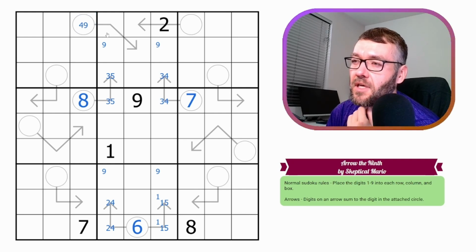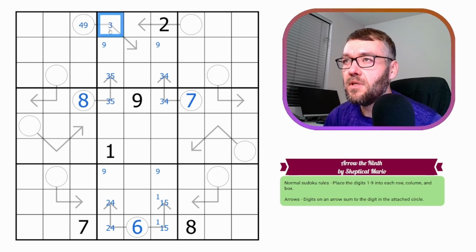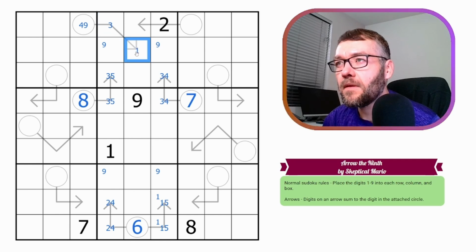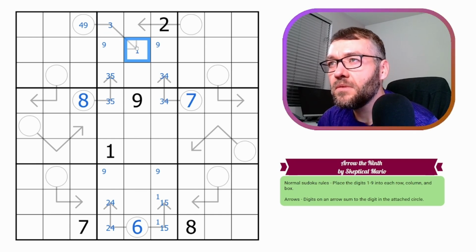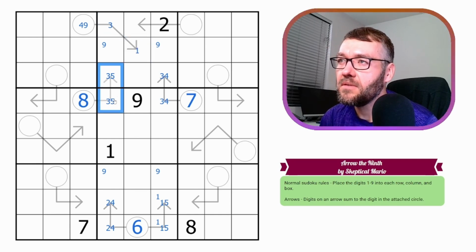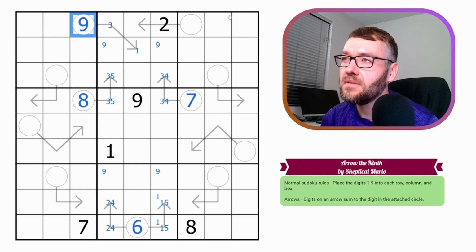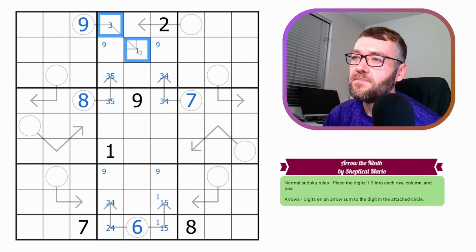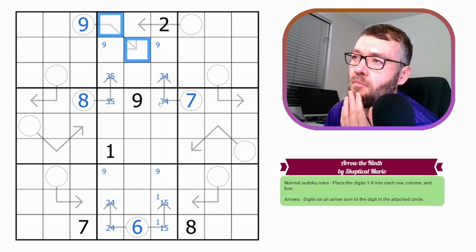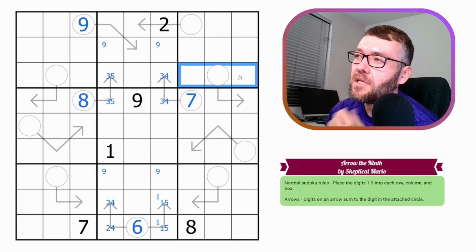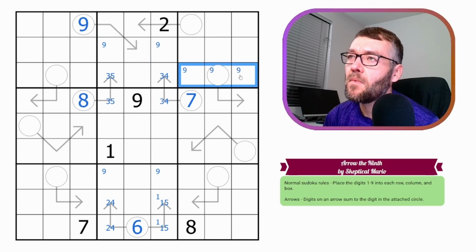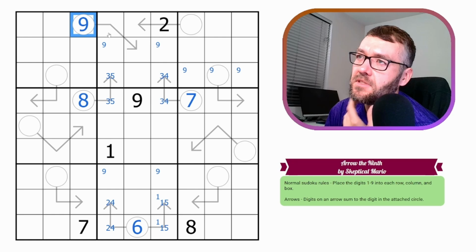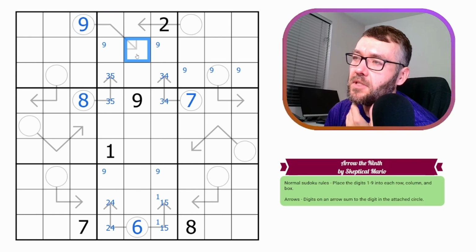So if this is a 4 or 9, this is either 3, 1, like this. Actually, no, we can't do 3, 1 either. So this has to be 9. Interesting. That means 9 goes down here somewhere. So if this is 9, we could do 8, 1.